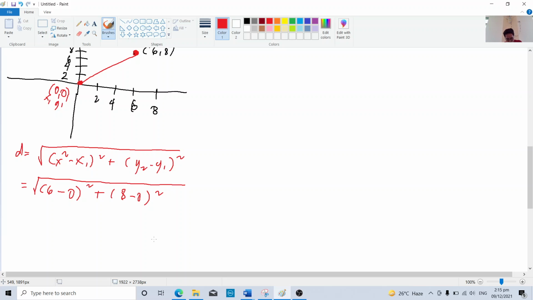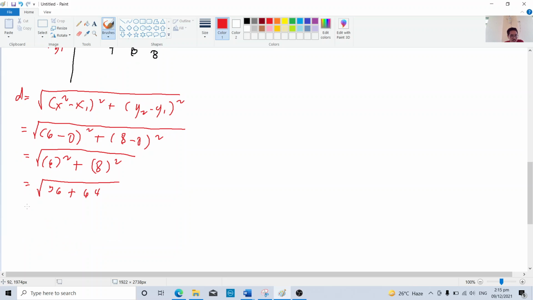Compute: 6 minus 0 is 6, and 8 minus 0 is 8. So square root of 6 squared plus 8 squared. 6 squared is 36, plus 8 squared is 64. 36 plus 64 is equal to the square root of 100. The square root of 100 is equal to 10.